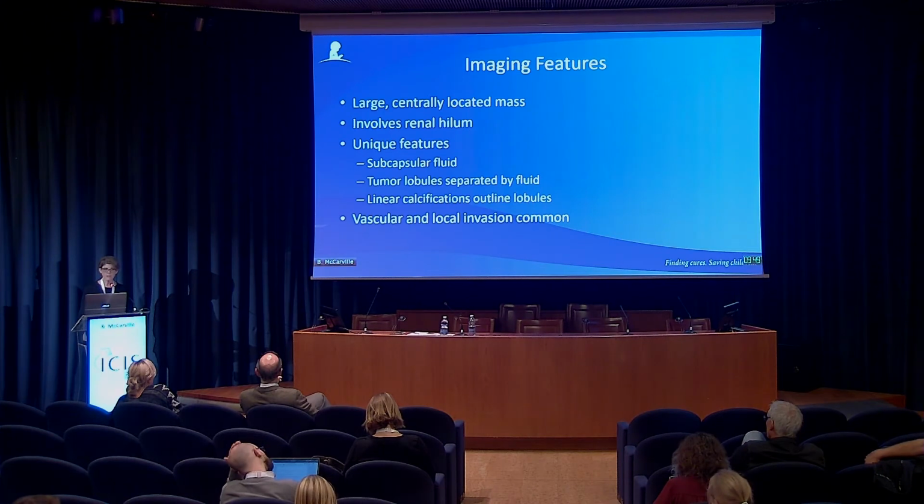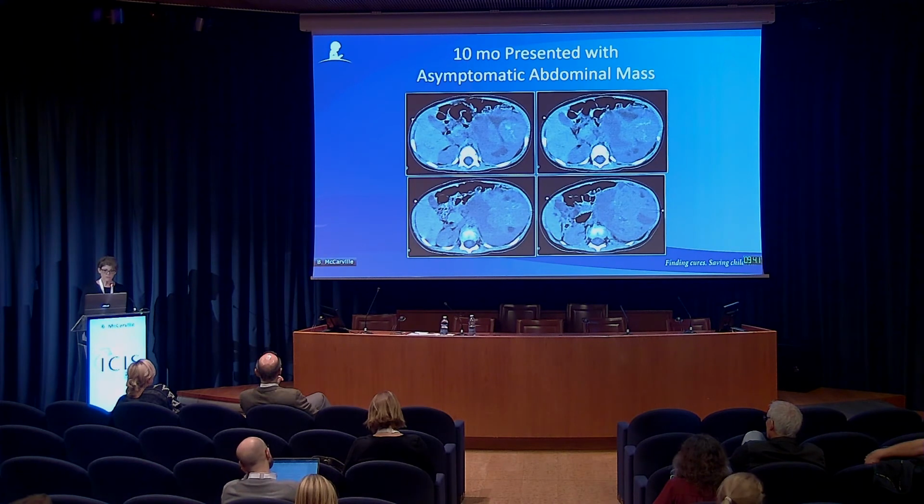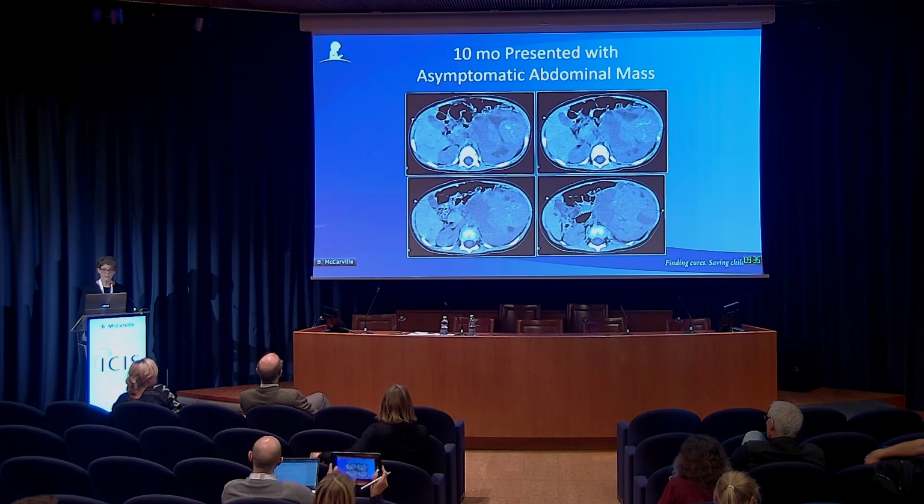So if I see a tumor with these imaging features in a very young patient, I include rhabdoid tumor in my differential. So this was a patient sent to our institution, again, a very young patient, who had this non-contrast enhanced CT scan performed at an outside institution. And I'm not an advocate of non-contrast enhanced CT. I don't think it has any value in children.